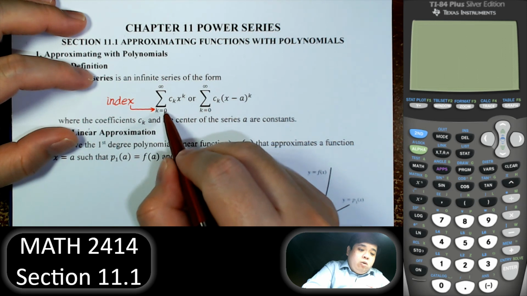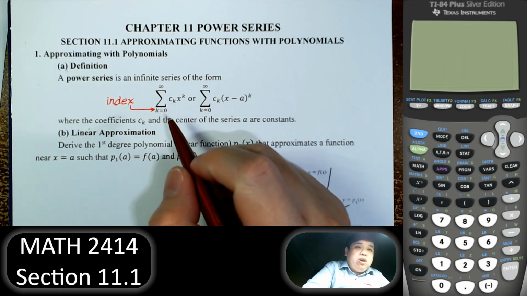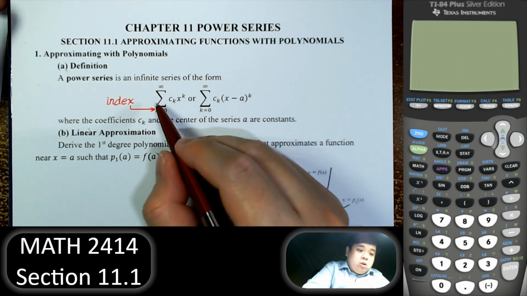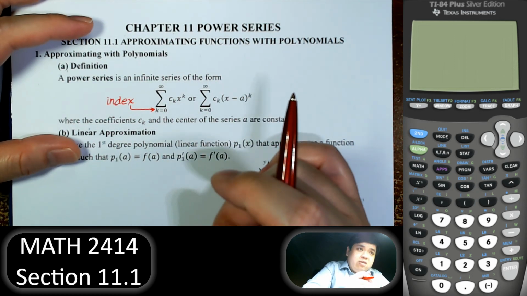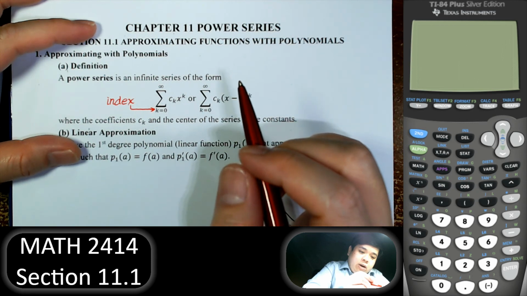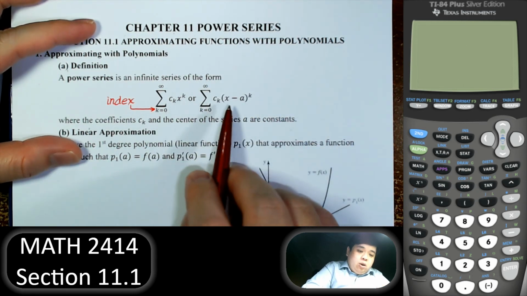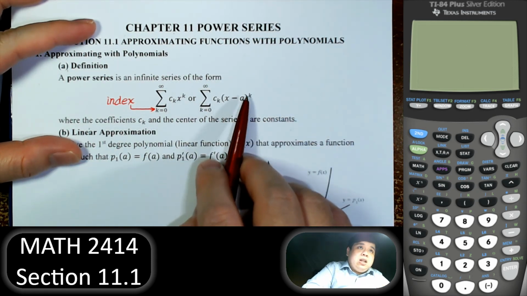And the index goes from 0 to infinity or 1 to infinity, doesn't matter, but it only takes whole numbers as values. We could have x to the k, or we have the power of x minus a to the k.